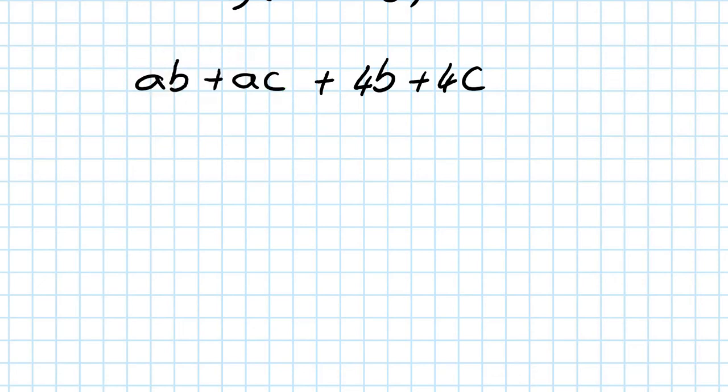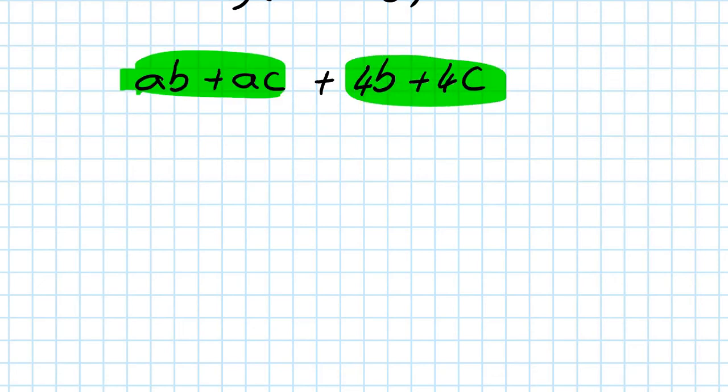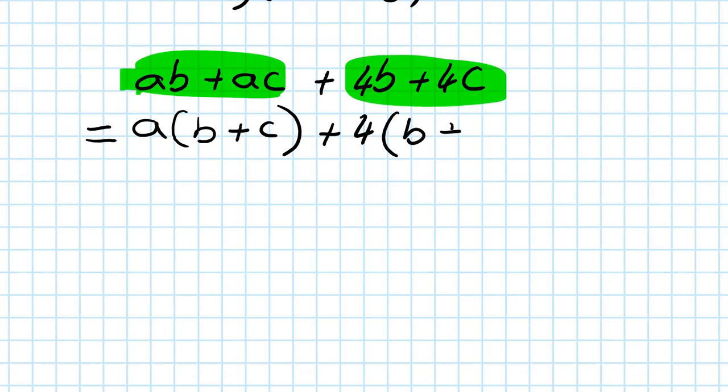This is one group and this is another group. With this group, the common factor of these two terms is a, so we take a out, and it's left with b plus c. In this group here, the common factor is 4, so you divide by 4, left with b, divide by 4, left with c.